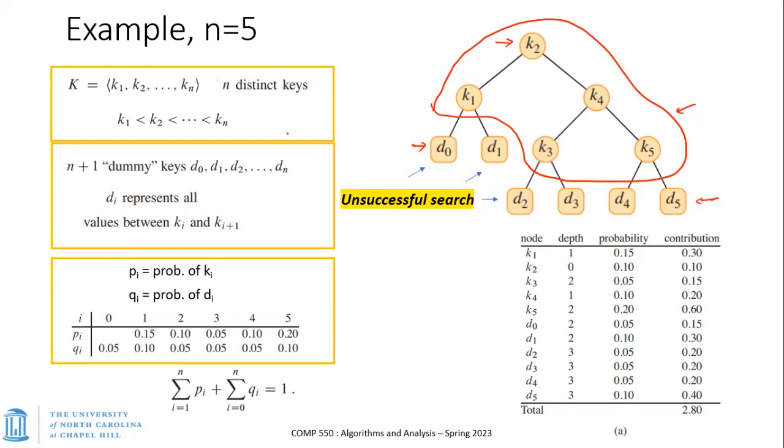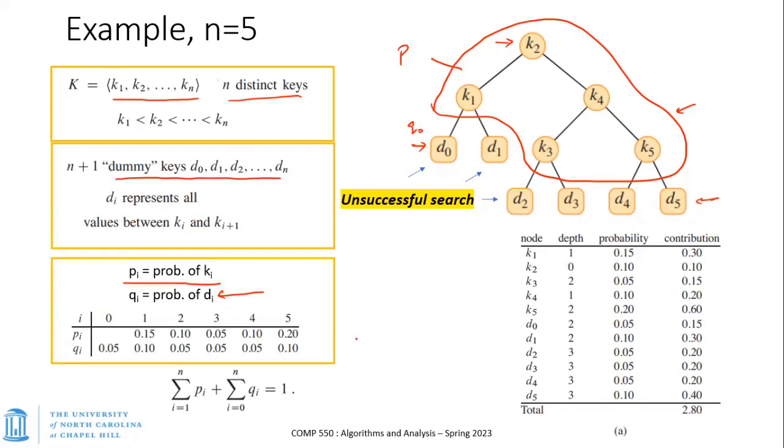So this is a more general problem where we're saying that these are the distinct N keys which are present, and these are the dummy keys. And these are essentially all the leaves. We're going to use P to represent the probabilities of the actual keys, and the dummies are going to be represented by the probabilities Q. So this is going to be Q0 and so on.